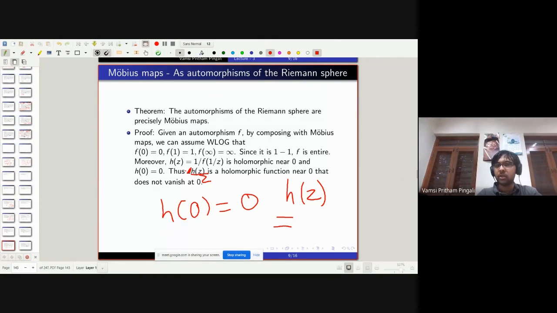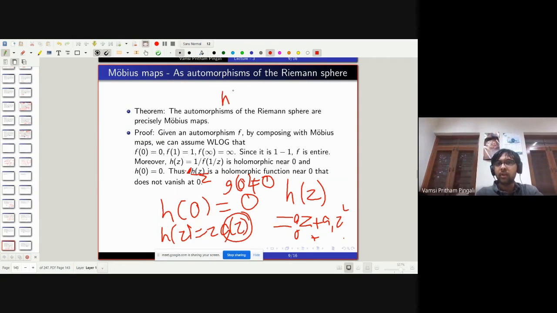If you write down its Taylor expansion, it starts with a0 times z plus a1 z squared and so on. So h of z is z times some function g of z. The point is g of 0 is non-zero. Why is it non-zero? Because the derivative of h at 0 is simply g of 0, and the derivative of a one-to-one function is not 0.